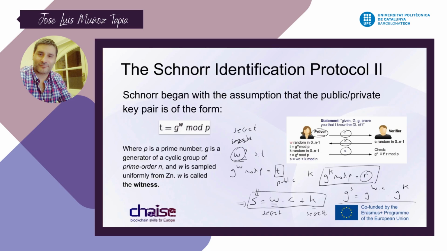And here, see that G to the W is T. So this is the check that we do. You are checking that you know W, but without revealing W. Again, this is a very high level overview of this protocol, and in practice what you will need to do is to go deeper and check it in more detail.